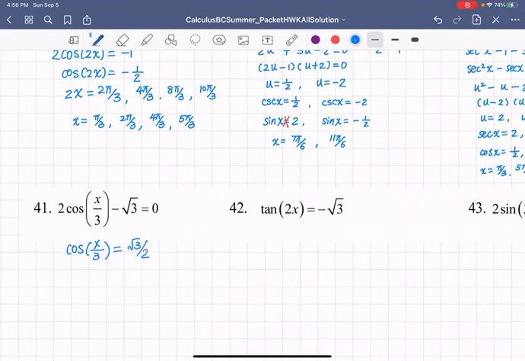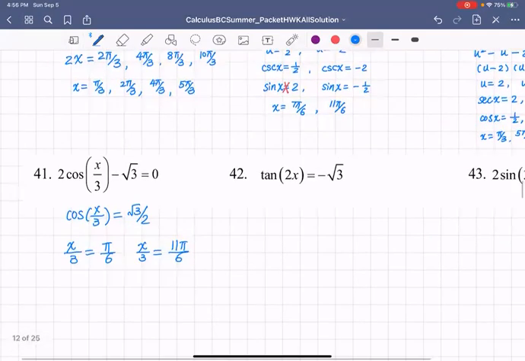So we get x over 3 equals pi over 6 and 11 pi over 6. Yes. There you go. x equals pi over 2 and 11 pi over 2. There you go.